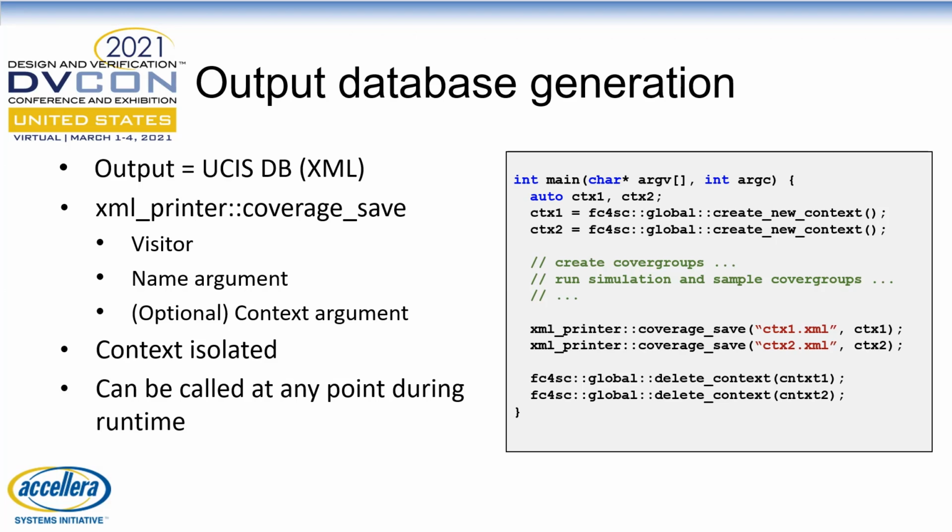Additionally, you can also specify a context containing the coverage model that you want to dump. Note that dumping of the coverage is not restricted in any way, and it can be done at any point during runtime. On the right side, we can see two context definitions, on which we call the coverage save function to generate the two coverage databases.